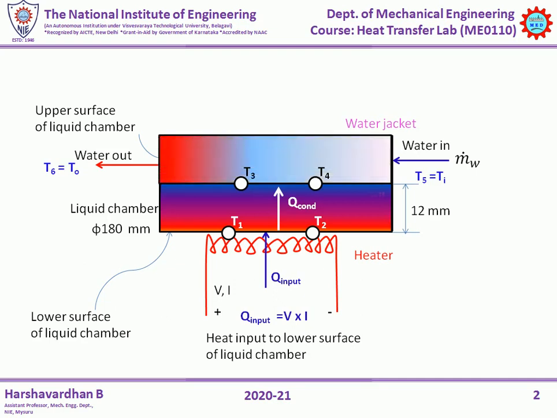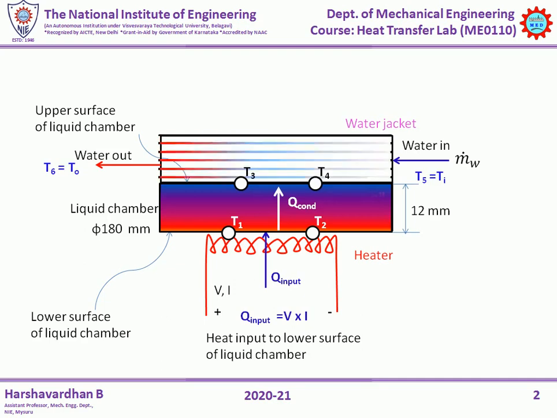and when the upper surface temperature becomes greater than the temperature of the water flowing in the water jacket, then heat will begin to transfer from the upper surface of the liquid chamber to the water flowing in the water jacket.